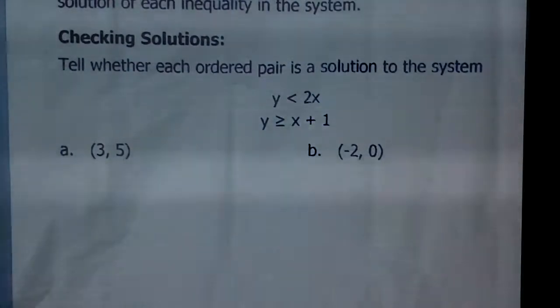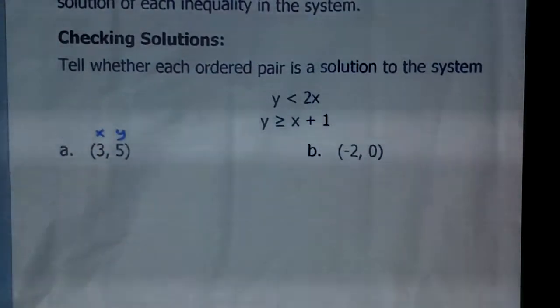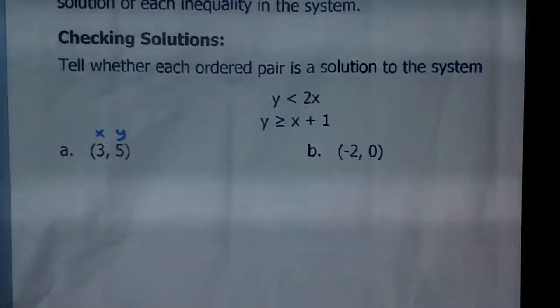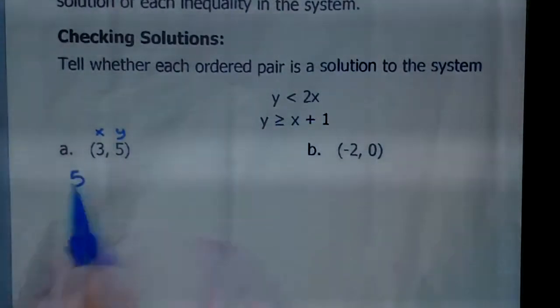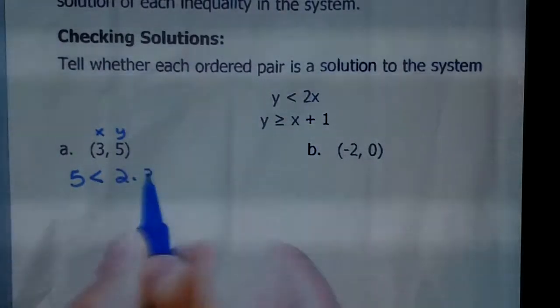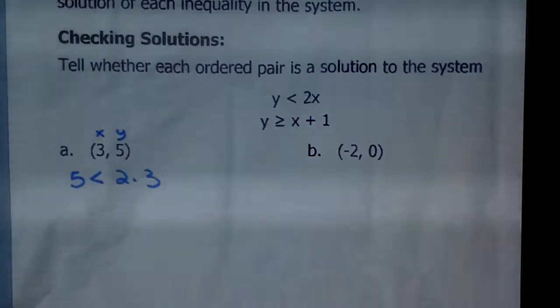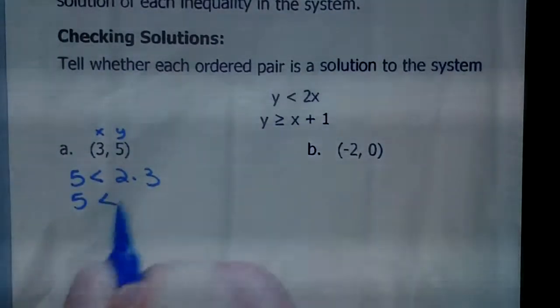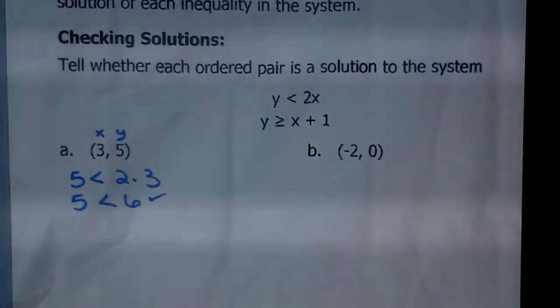All you would need to do is plug 3 in for x, 5 in for y, and see if it makes both inequalities true. So if y is less than 2x, then 5 should be less than 2 times 3. So again, I just plugged in the 5 for the y, the 3 for the x. Is 5 less than 6? Yep. So check, the first one's good.